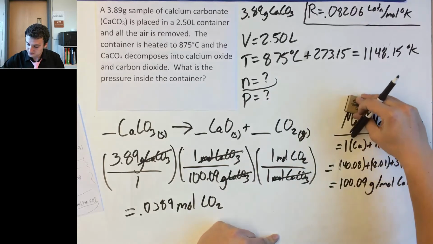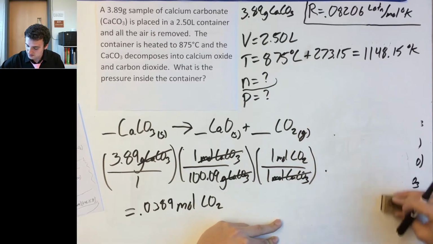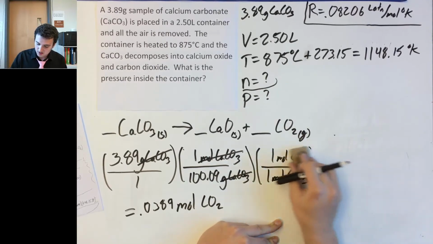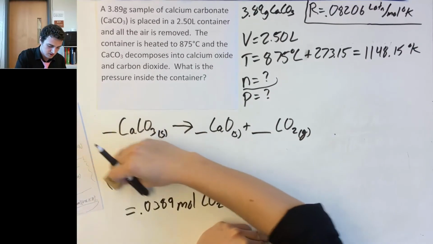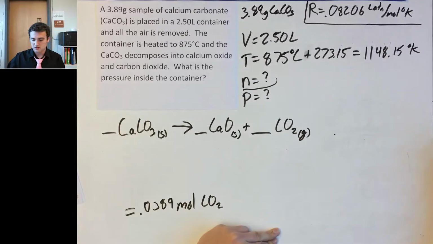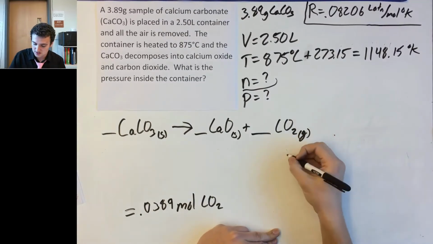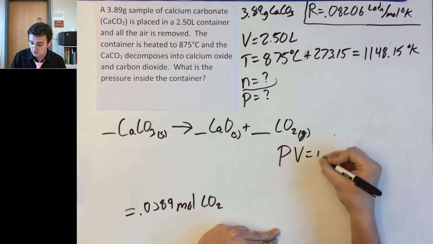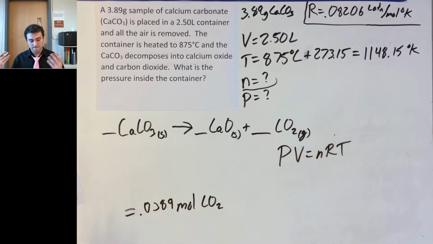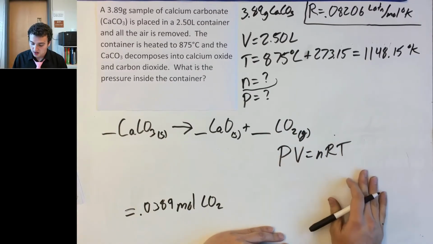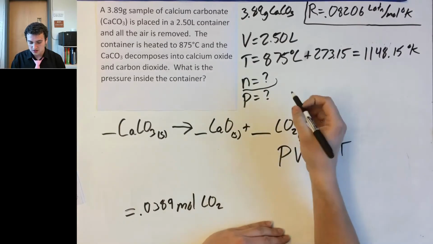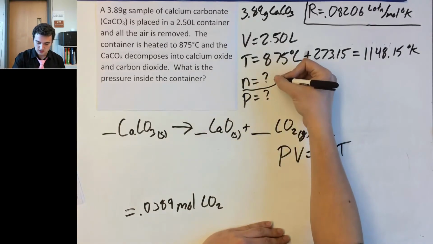So, erase some of this, and let's start using this. Again, we start with the ideal gas law, which we know is PV equals nRT. Now I want to use this, so I'm going to start plugging these numbers in. But first, I need to rearrange it, of course, for what I know.